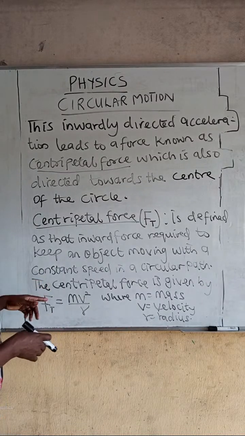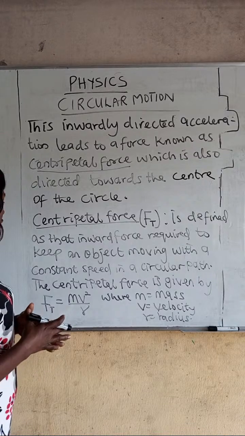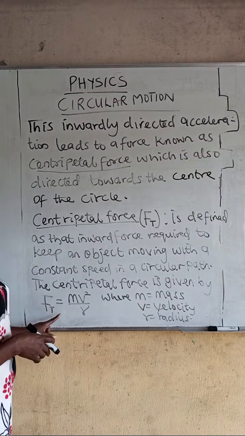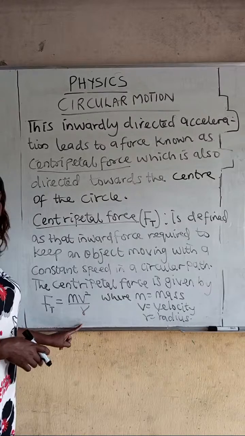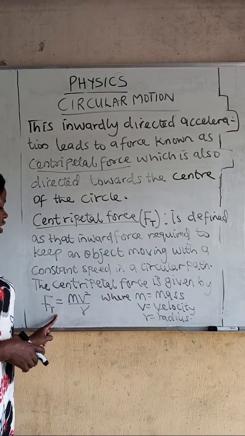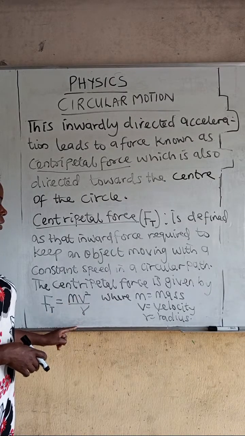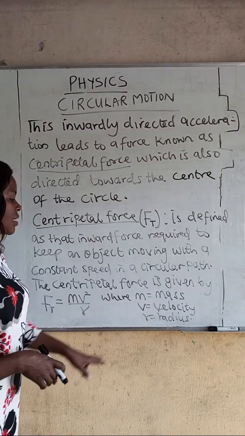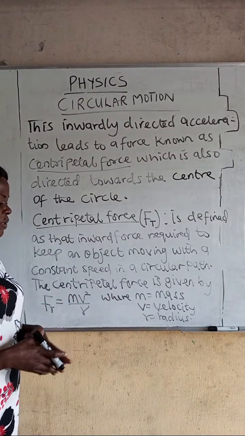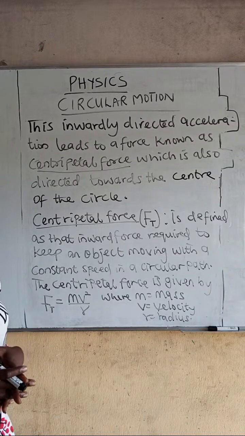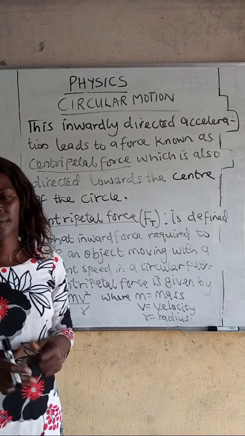Now the centripetal force is given by Fc equals mv squared over r, where m is the mass, v is velocity or speed, and r is radius. Do you understand that?